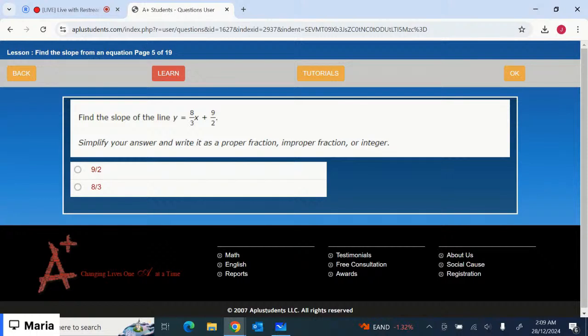Find the slope of the line y equals 8 over 3x plus 9 over 2. So which is the correct option? That is 8 over 3, right? The correct option is option number 2, that is 8 over 3.